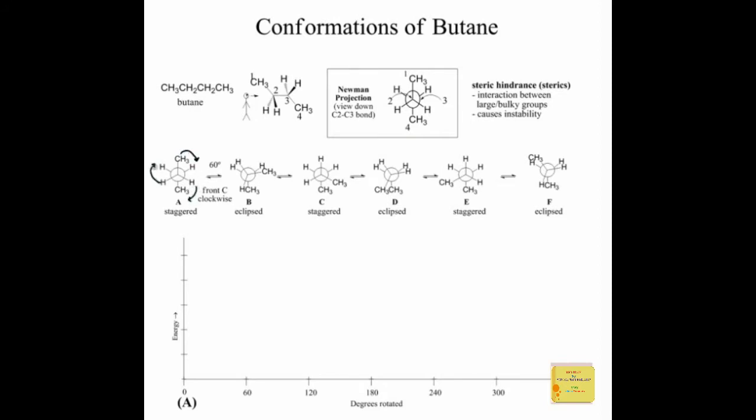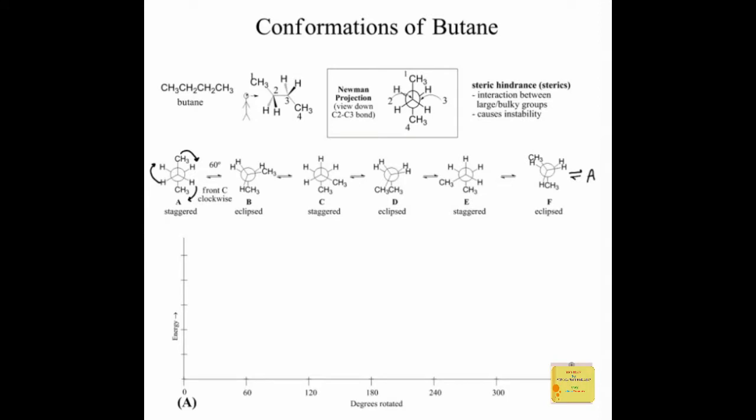And as usual, that's going to bring us from a staggered conformation to an eclipsed conformation. Continued rotation brings us to the staggered conformation. We see our methyl group traveling down. Now it's going to be eclipsed where it's down at the bottom. Then it's staggered again, and then it's eclipsed. And then our final rotation is going to bring us back to our first structure, A. So our last rotation to get 360 degrees brings us back to A.